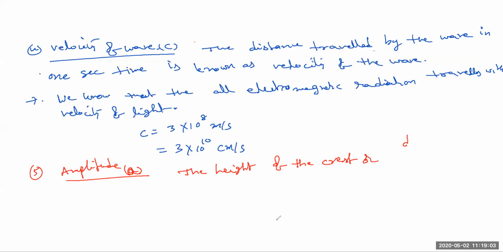The height of the crest or depth of the trough of a wave is called amplitude.